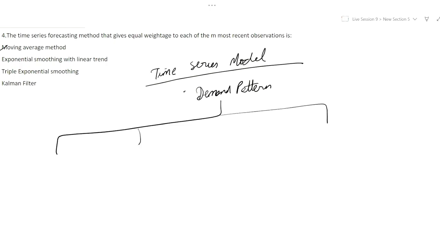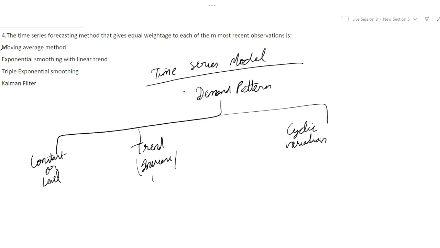One will be constant or level, another will be trend, another will be cyclic variation. Now this may increase or decrease.